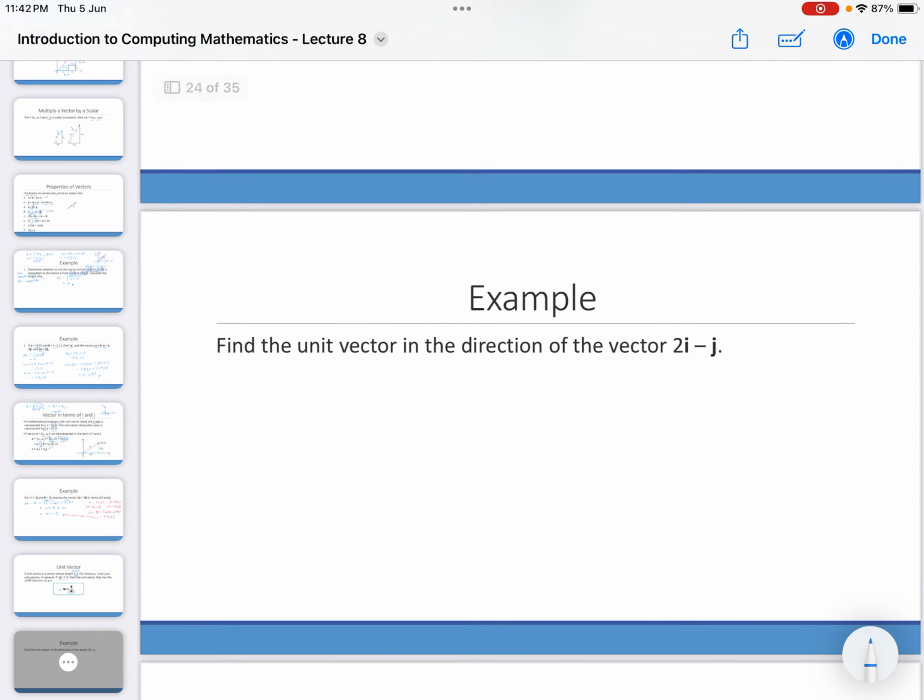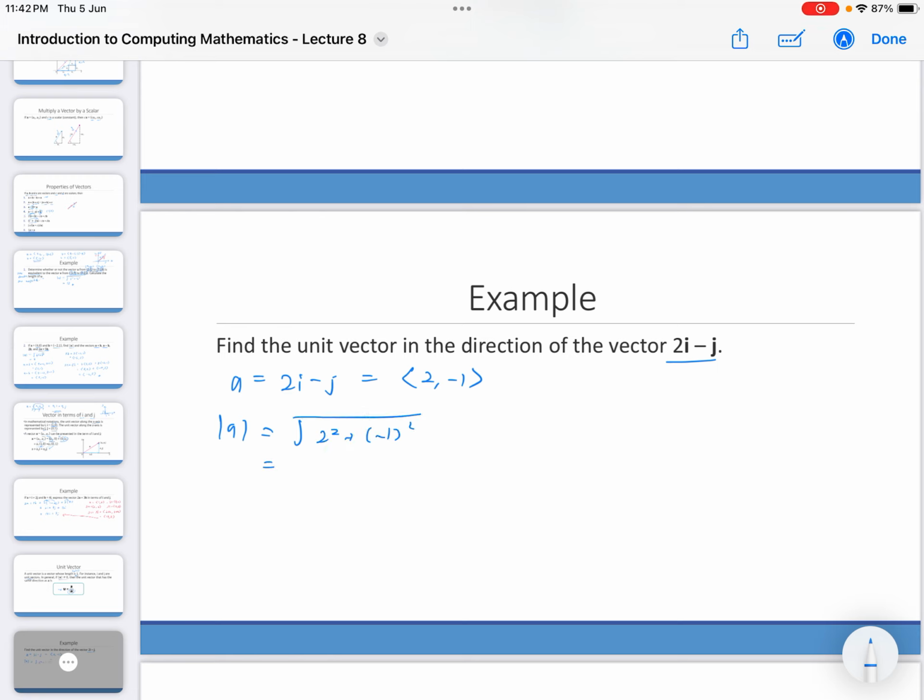So one example: find the unit vector in the direction of the vector 2i minus j. So let's say vector a is 2i minus j, or in vector components, this is (2, -1). First, we find the magnitude of a. The magnitude of a equals the square root of x squared plus y squared. So the square root of 2 squared plus (-1) squared.